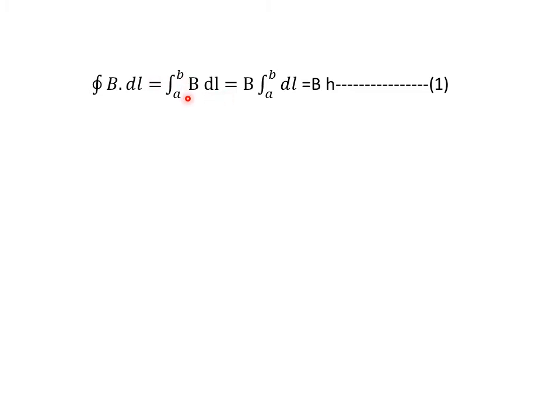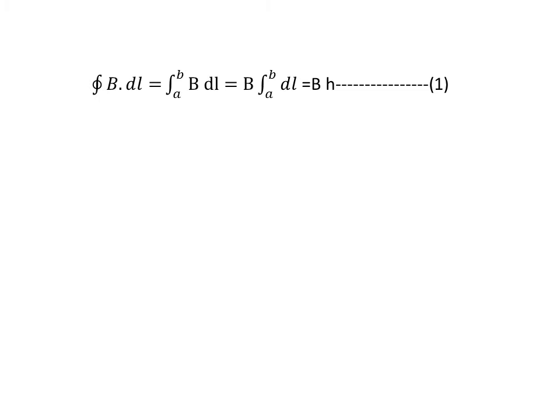The value of B is constant from A to B, so it is taken outside. Inside the integral we have A to B dl. Integrating all dl from A to B, we get the length of AB, that is h. So integral B dot dl is equal to Bh.